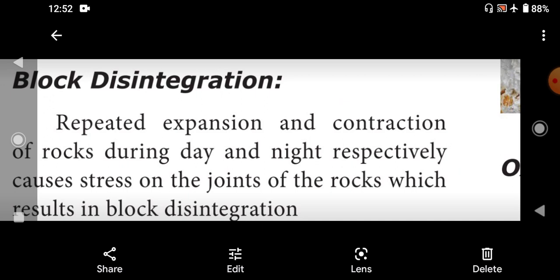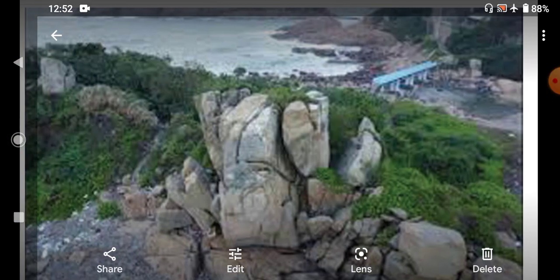Repeatedly, expansion and contraction will happen during day and night in some rock areas. It happens continuously day and night, so it causes stress on the joints of the rock, which results in block disintegration.